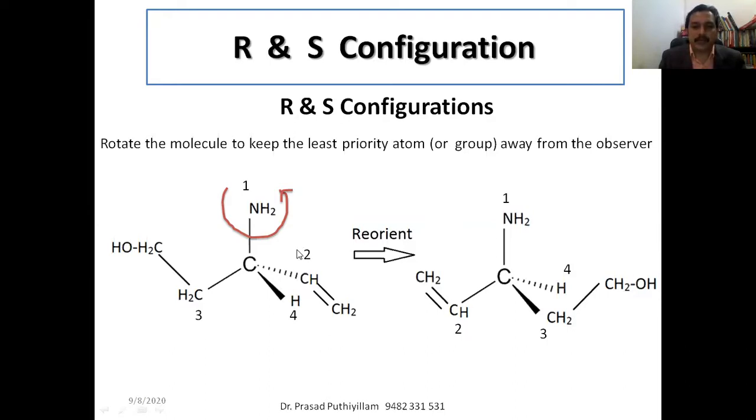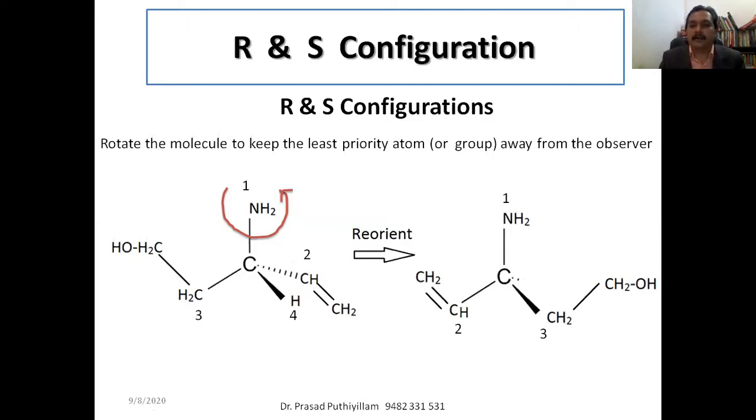Hydrogen goes backside, then this CH2 comes to the left side, and this CH2OH will go to the right side. So that arrangement is given here. You can make a three-dimensional model and rotate it. That is very easy to understand. So we'll get the structure like that.